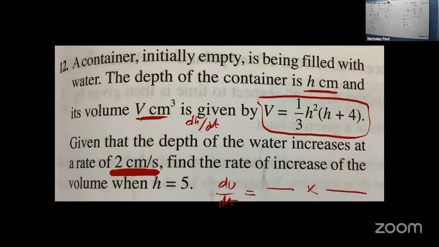Tell me the formula. dV dt is what? That should be the easiest part. You're just splitting them up. dV going there and what going down here? dt. And what's the next letters to go in here? dh. See how easy that was? And we already have dh dt.